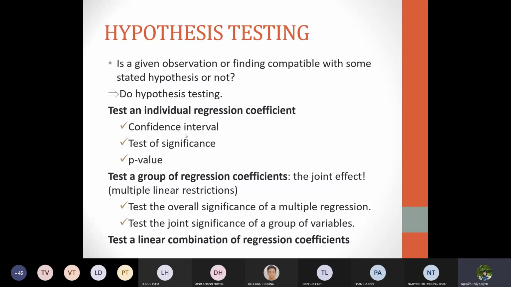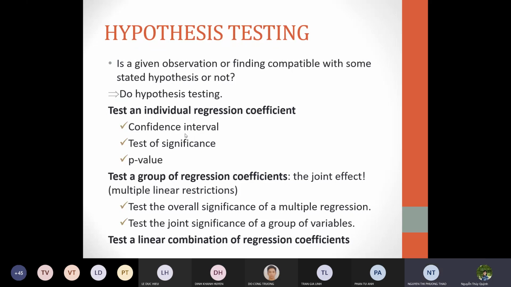There may be many independent variables in our model, but when we test an individual regression coefficient, we only test the individual effect of the independent variable associated with that regression coefficient.